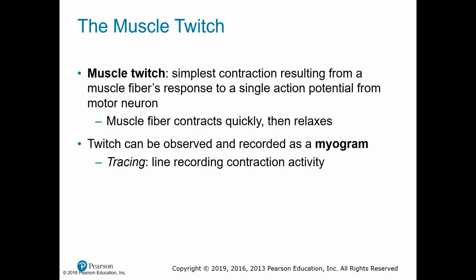And generally, we don't do it that way. We don't have a single contraction of one cell only with only one action potential. Our neuromuscular system doesn't operate that way. The muscle twitch, though, is a simple contraction of the cell and relaxation, and then that's it.